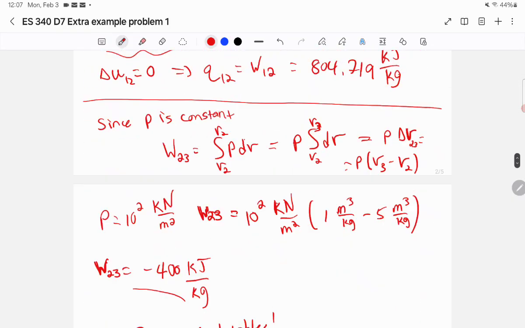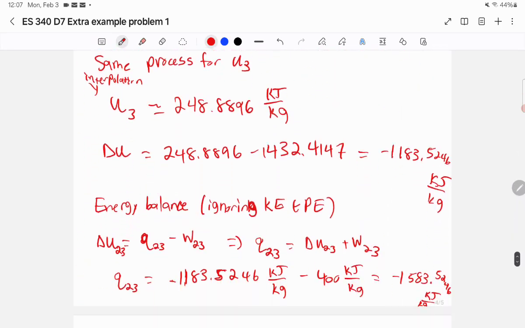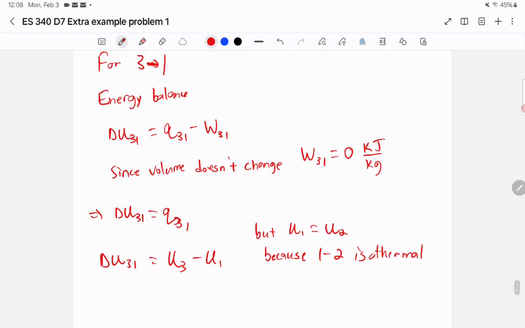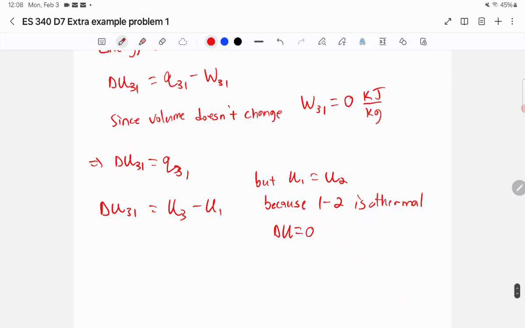So remember, 1 to 2 is isothermal, which means delta U is equal to 0, which obviously implies U2 minus U1 is equal to 0, which implies U1 and U2 are equal. Okay, so we know that this is the case.